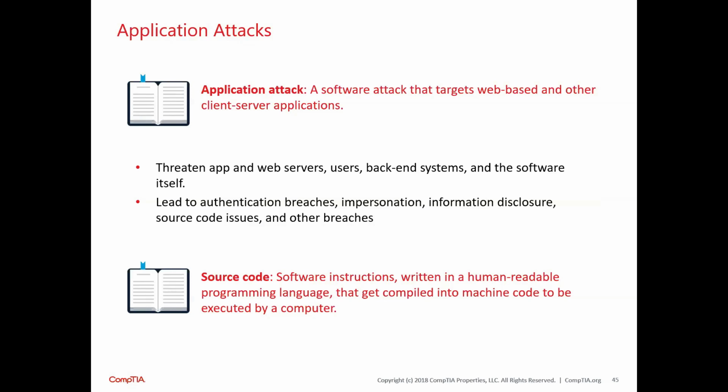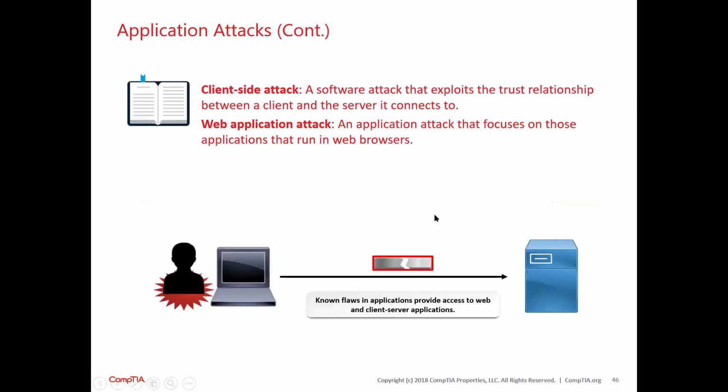You know that the software code is the software instruction, so we can actually do the checking on the application to find out whether the application has a problem with insecure code. Okay, so we have client-side attack, which normally exploits the trust relationship between client and server.